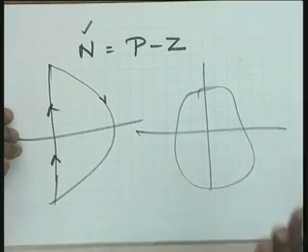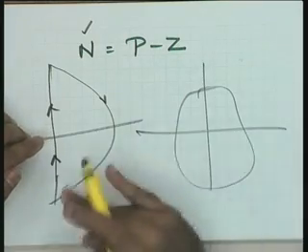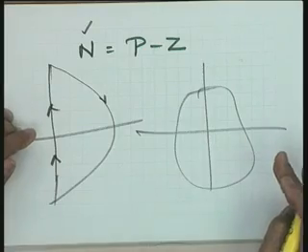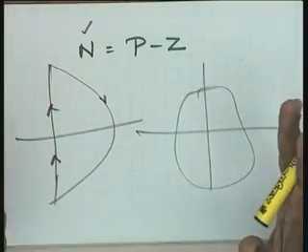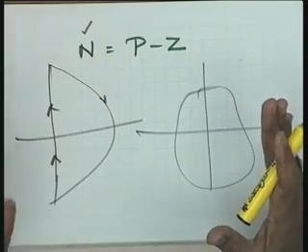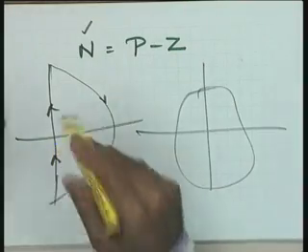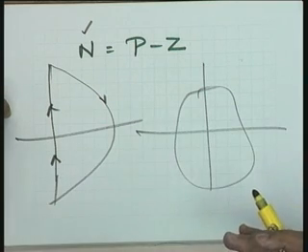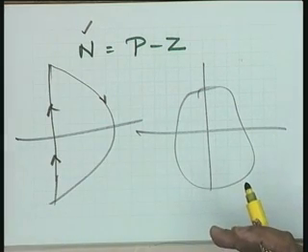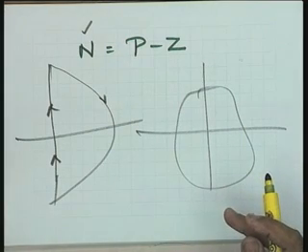You are going to get infinity, and the corresponding mapping does not exist. So, initially when I am describing this particular situation, let me describe this under the assumption that there is no pole on the contour. I will extend it to what will happen when there is a pole on the contour. Okay? Because the pole is that of an open loop system, and you know beforehand whether it lies on the contour or not.